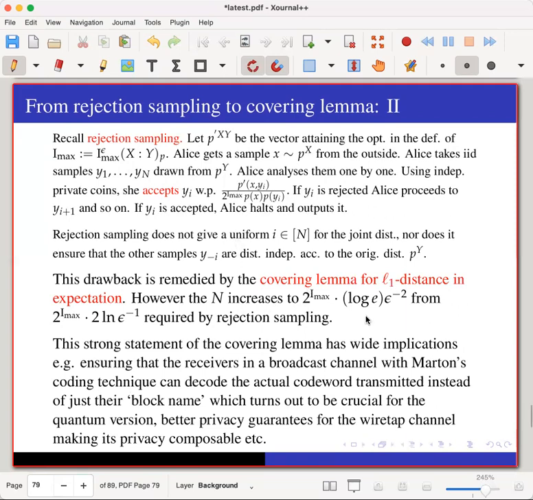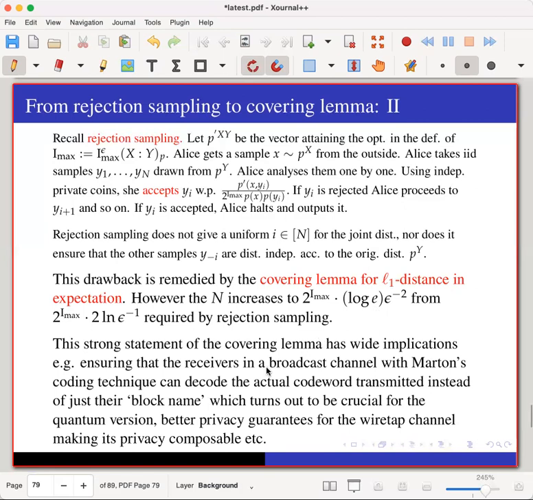But now the n increases from what rejection sampling required, which was something like this, to something larger. You can see that the dependence on epsilon is no longer logarithmic, it becomes quadratic. But still, it's not bad. It's still a dependence on epsilon, and there are no alphabet size factors coming in.